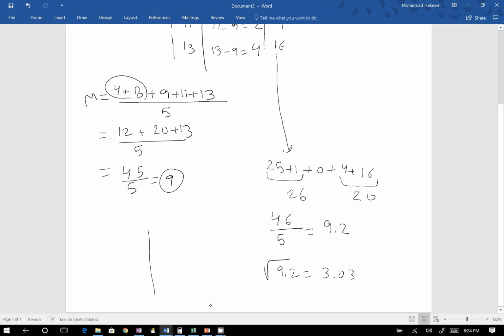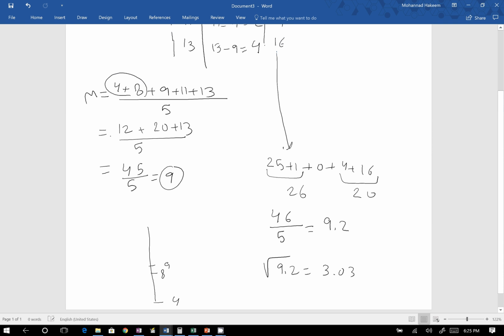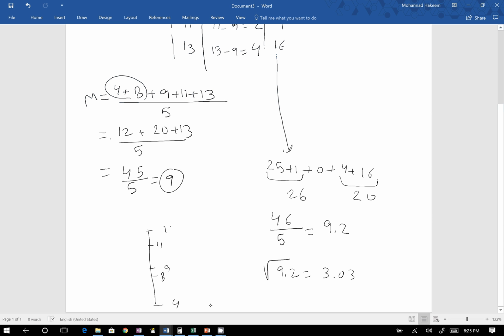Imagine you have a scale, and you have 4, 8, 9, 11, 13. The average was 9, and the 3.03 gives me an indication of how the points are spread around the average, or the mean.